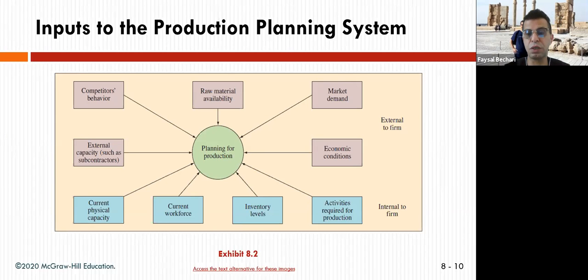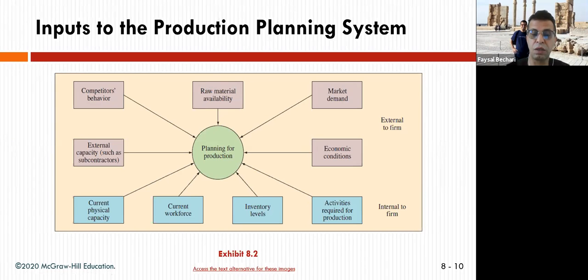The first ones are the market demand, the raw material availability, the competition, the competitors' behavior. These are the external ones. The economic condition, you cannot do something about it, it's from the outside. And the external capacity, such as a subcontractor, whether he can supply you with enough in time or below the demand.